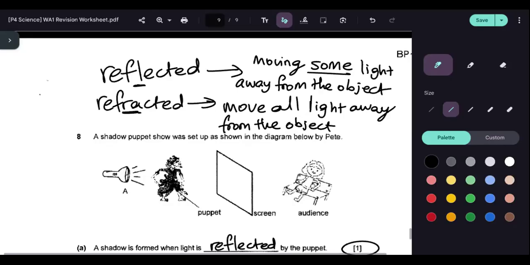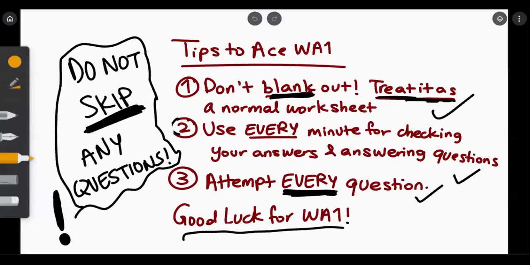Alright, so I'm going to be stopping my share here, and I'm going to transfer to here. Boom. Okay, now I'm going to share with you some tips on how you can ace your WA. So firstly, okay, I'm coming to the end now. Firstly, don't blank out. Treat it as if it is a regular practice paper. Number two, please use every minute to check for your answers and to answer your questions.